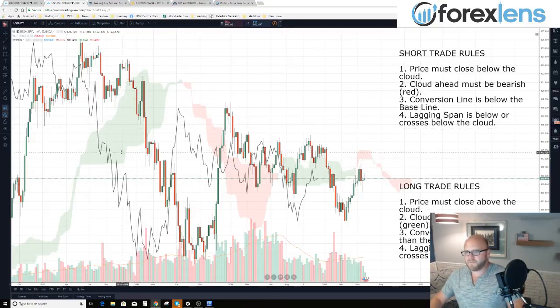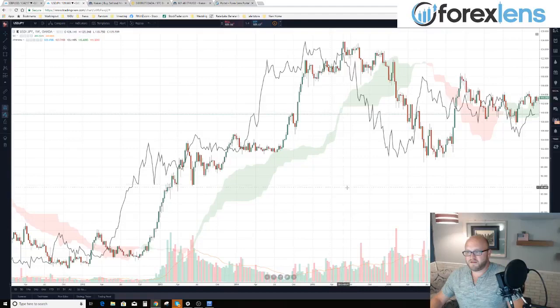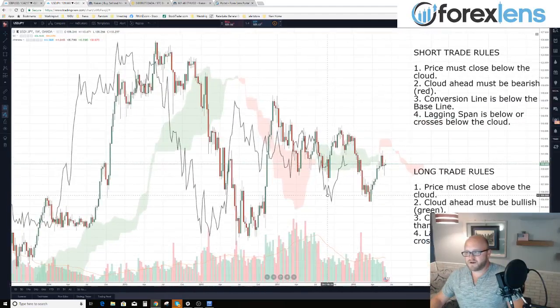Often all you need is a break of the cloud and a close above or below with the lagging span moving above or below it as well. Okay? That is often all you need for signals on the weekly chart.